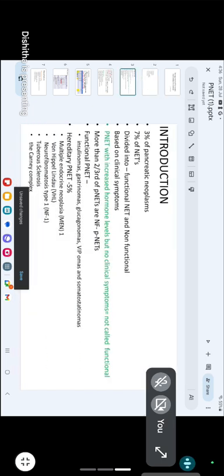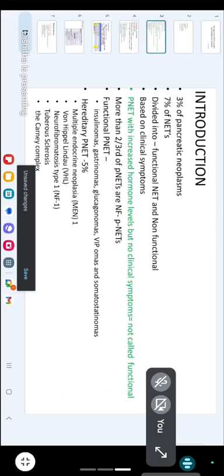Treatment options and the various controversial topics associated with PNET. As a short introduction, it accounts for 3% of pancreatic neoplasms and 7% of neuroendocrine tumors. If there are no clinical symptoms, they are not considered functional, so more than two thirds of pancreatic NETs are non-functional.